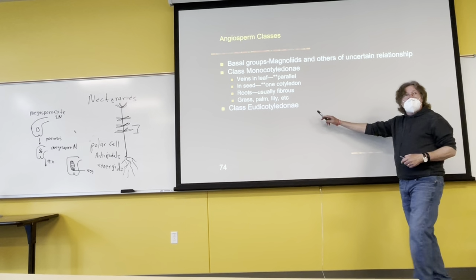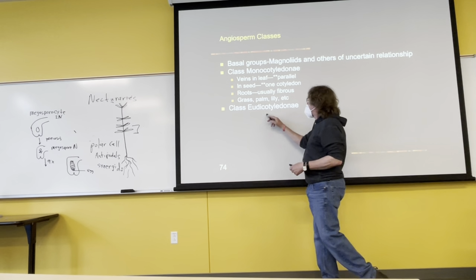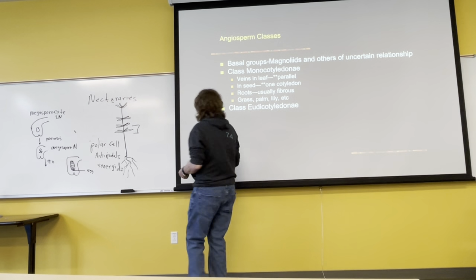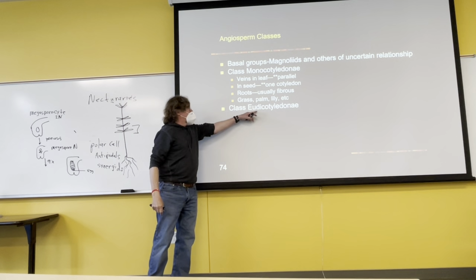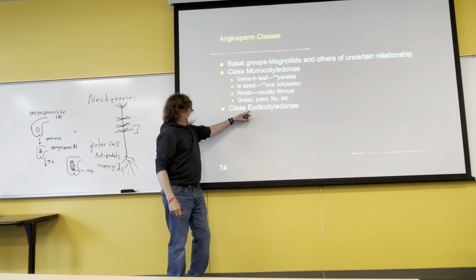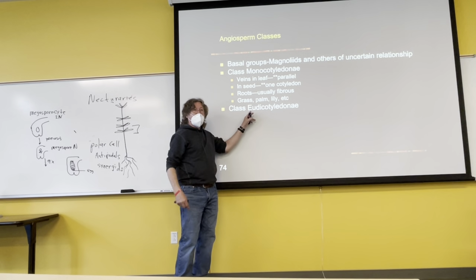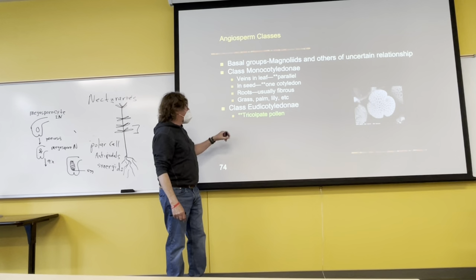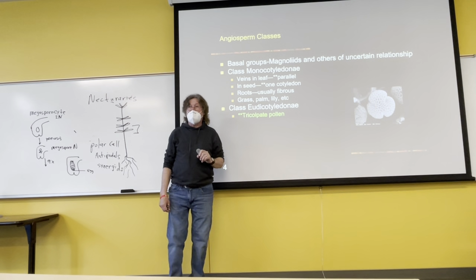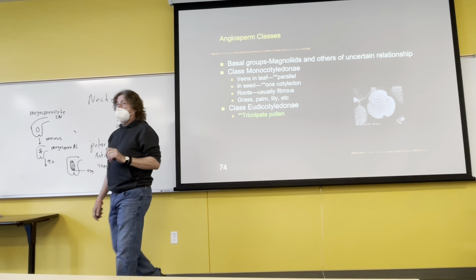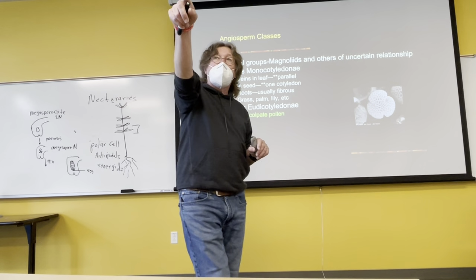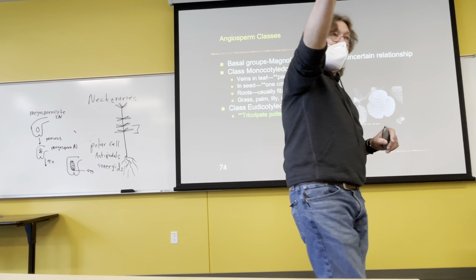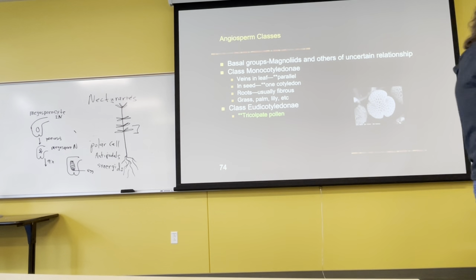The other clade that is monophyletic is called eudicotyledonae. Okay, now obviously monocot means one cotyledon. This means two cotyledons, but we have this prefix eu meaning true dicots, okay? Because they do have two cotyledons instead of one, but that's not an apomorphy. The reason it's not an apomorphy is because many of those magnoliids have two cotyledons.